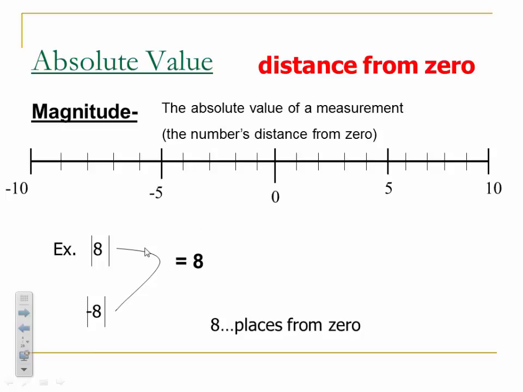If I said to you what is the magnitude of this -8 with the absolute value markers on the outside, I'm asking you how far from 0 it is, and you could tell me it's 8. If I said the absolute value of this same thing, it's telling me how far from 0, it's 8 places from 0. So think of absolute value and magnitude as being the same number, the same definition, and that is distance from 0.